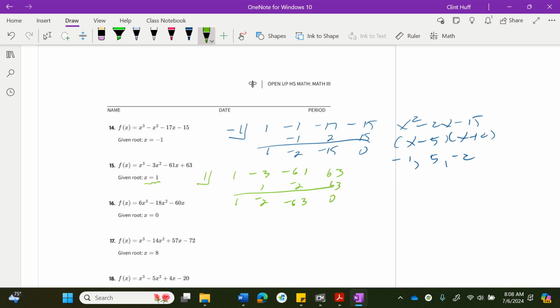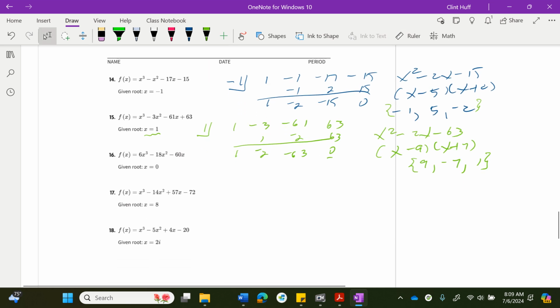Whenever this is a root, the last number in synthetic division is the remainder, which is 0. That gives me an x squared minus 2x minus 63, which is x minus 9 times x plus 7. So my other roots are 9 and negative 7 along with the given one, which is 1. So these are sort of the sets. You can think of it as a set of the solutions.